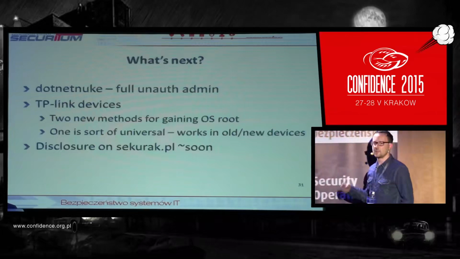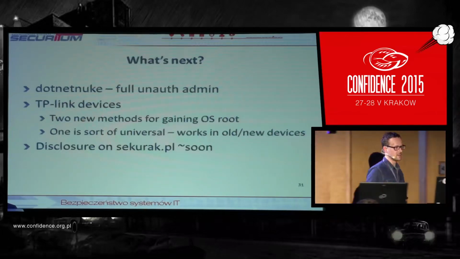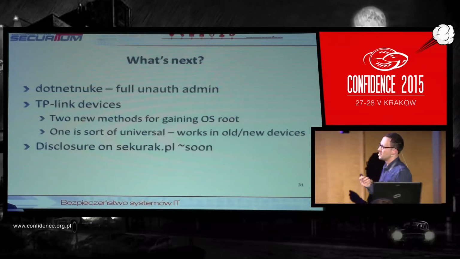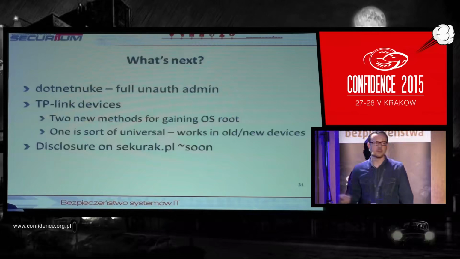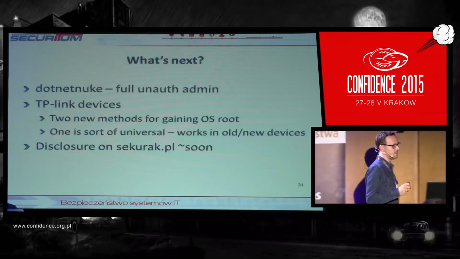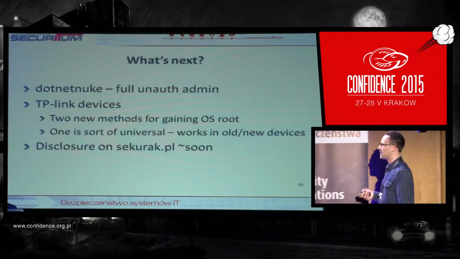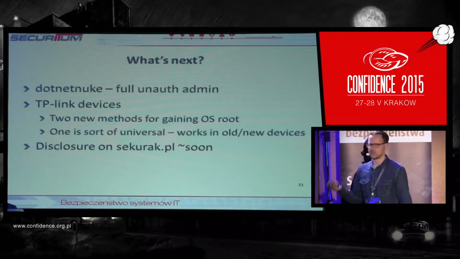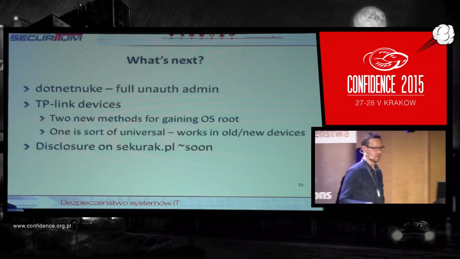This is already fixed, but no disclosure for now, maybe for a month or so. And I also found 2 bugs in TP-Link devices, in most of them, old and new, which allow me to gain operating system root on such devices. Disclosure will be on securac.pl very, very soon, all those bugs.